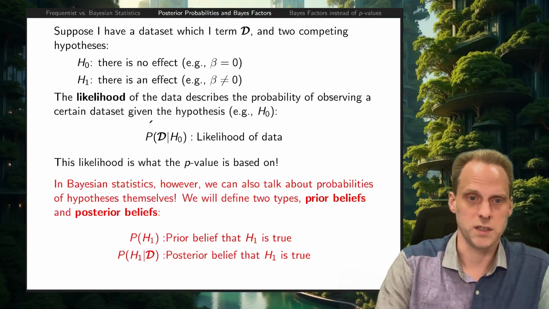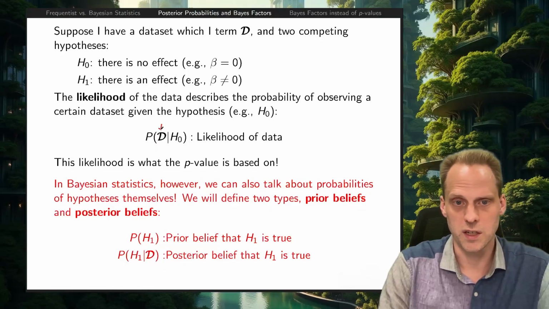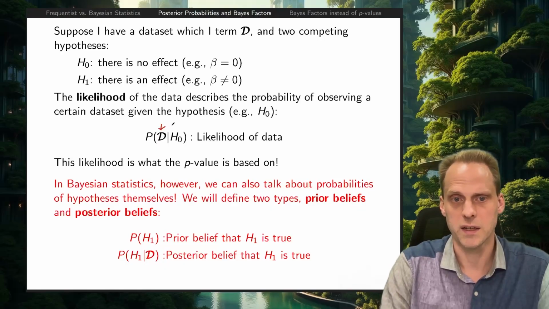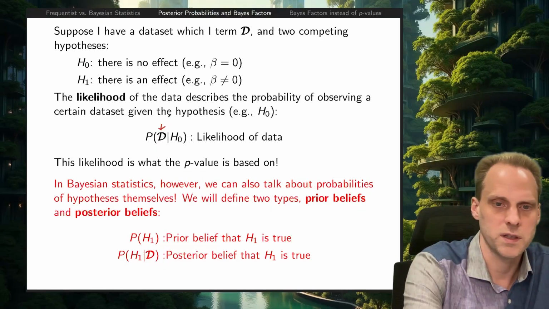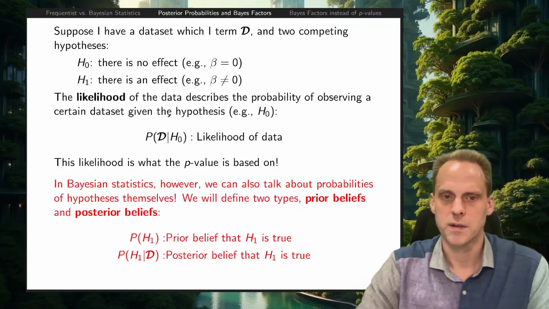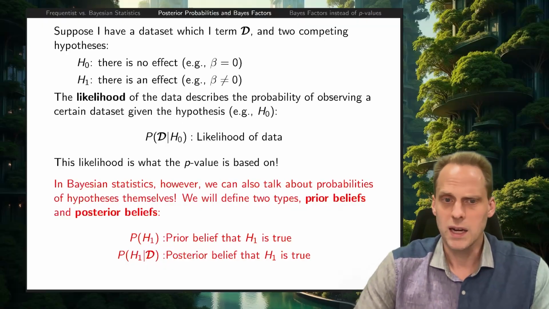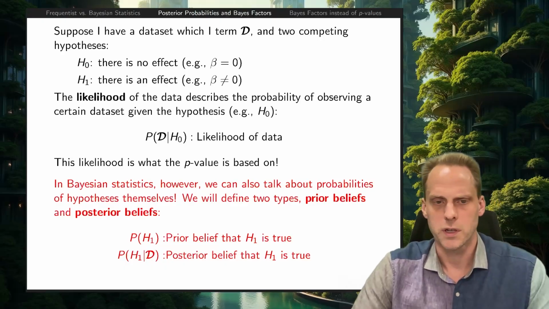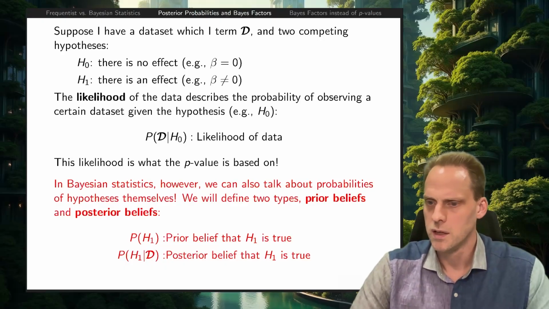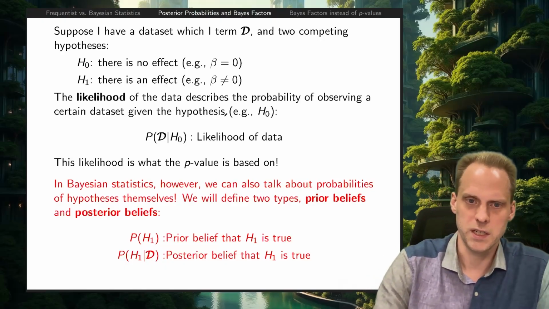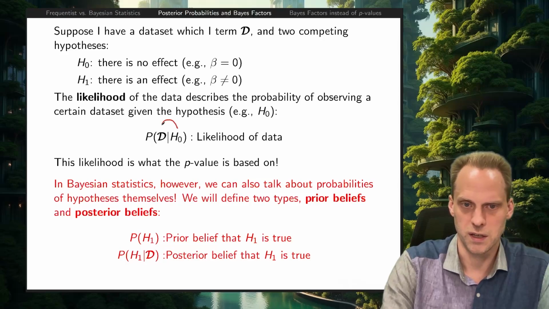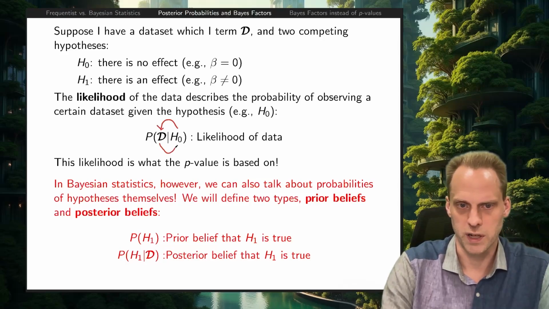So the Bayesian is not interested in the probability of the data given the hypothesis. The Bayesian doesn't care about that. Why is it important to look at how likely it was that our data occurred under a certain hypothesis? The Bayesian is actually interested in flipping these things around.